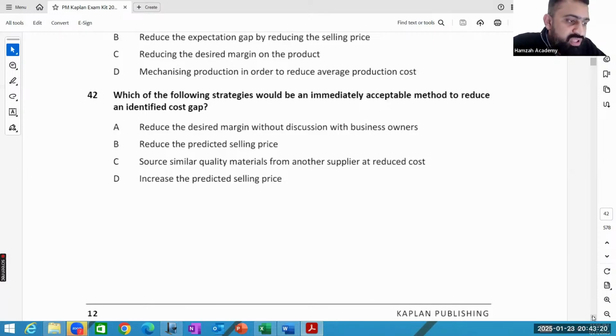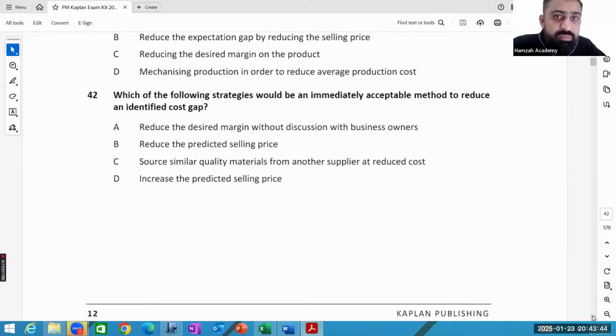Now, what could be the appropriate strategy? A, reduce the desired margin without discussion with business owners, that would not be appropriate. Without consultation from the business owner, you should not reduce the margin. B, reduce the predicted selling price. Again, cost gap has nothing to do with the selling price.